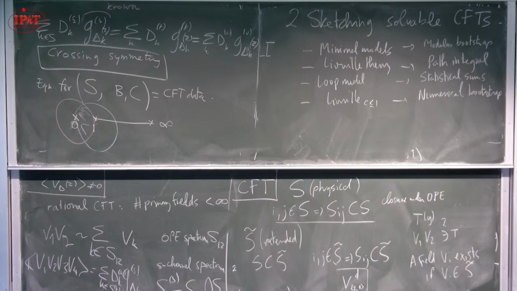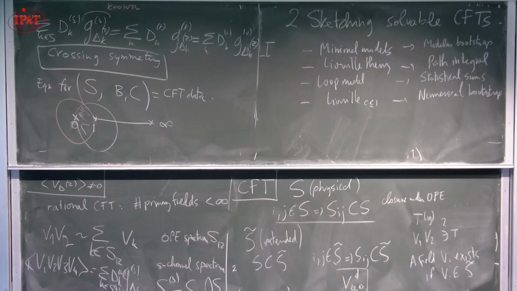Because if you do all these kinds of operations on the torus, typically it breaks down. I mean, you lose modular invariance. But on the sphere, you just have to obey this closure on the OPE. So in minimal models, for example, you can find subsets of fields which are closed under the OPEs, and then you can indeed define a restricted spectrum.